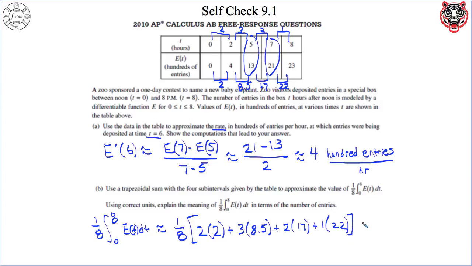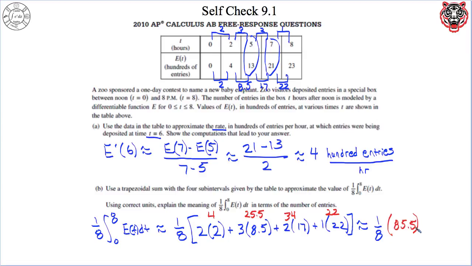Alright, so now to approximate this thing, I can go right here. So I have 1/8 still, and then when I multiply all these together, this is going to be 4, this is going to be 25.5, this is going to be 34, and this is going to be 22. Add all those up, that's 85.5.